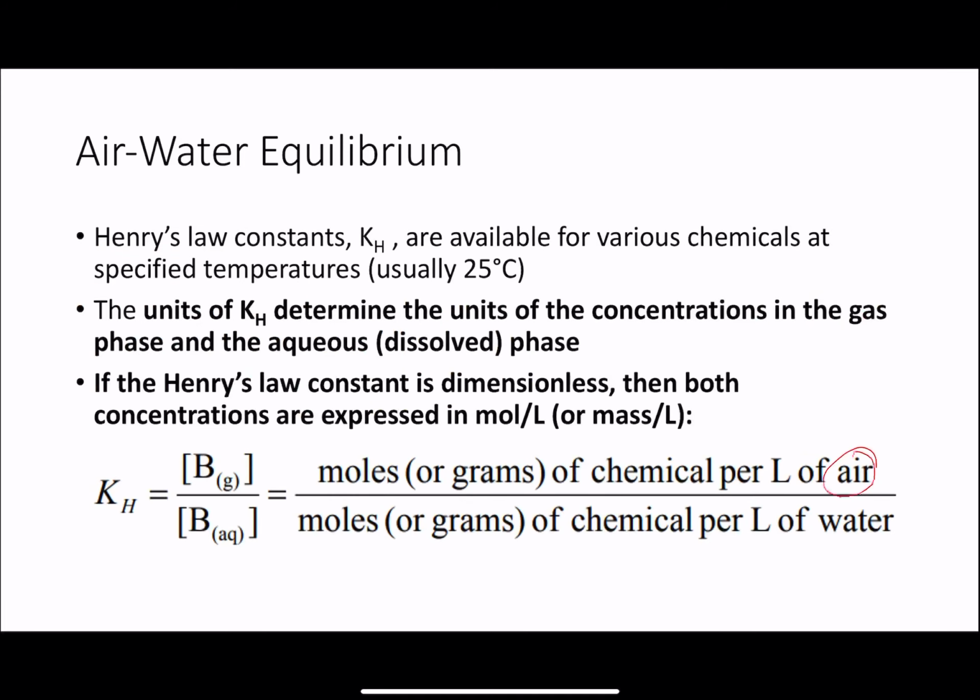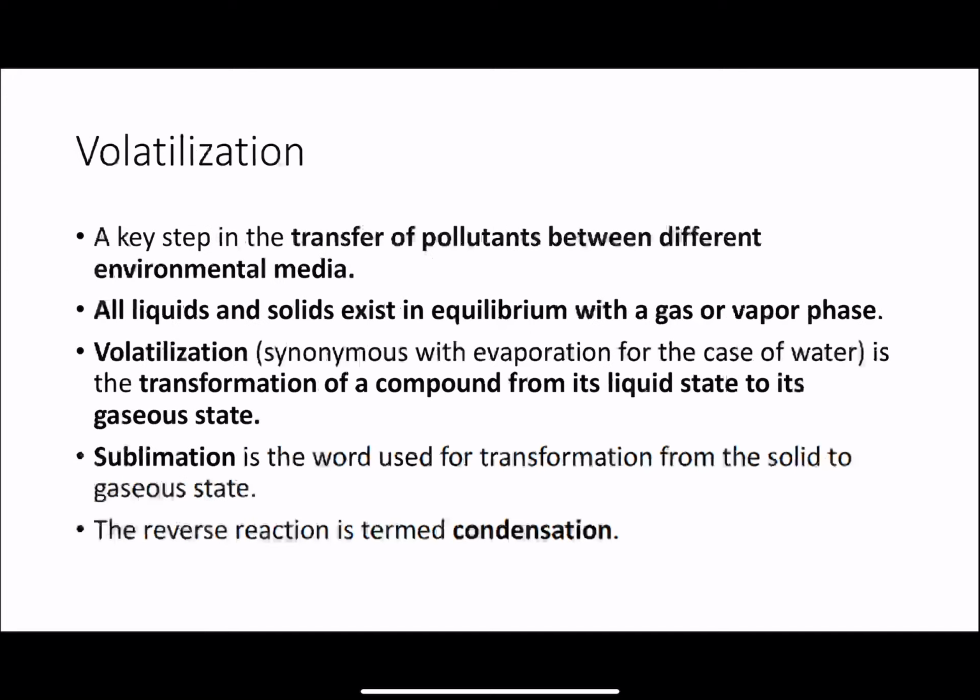Mole per liter of air, mole per liter of water. Again, we mentioned sublimation. We also have to mention that if volatilization is from water to air, then from air to water, it's condensation.